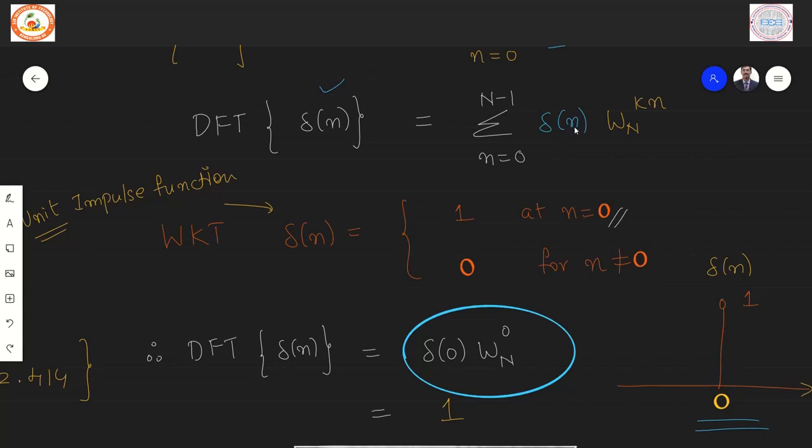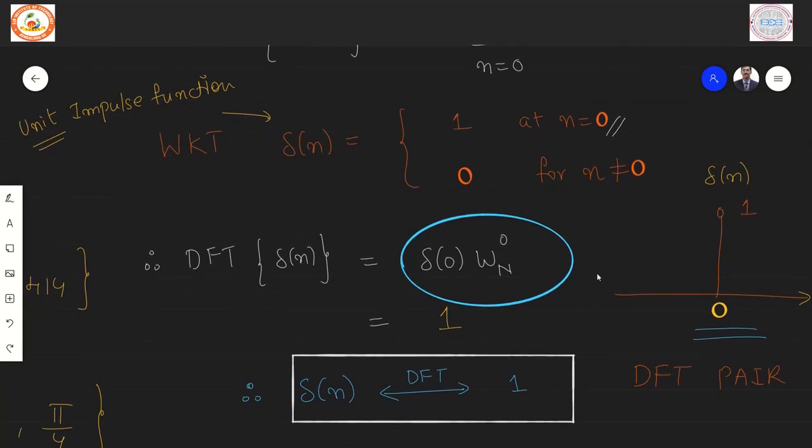So therefore, the replacement for delta of n is only for n is equal to 0. Therefore, we write it as delta of 0 into W_N to the power of 0. W_N to the power of 0 we know is 1 and delta of 0 is also 1 by definition of unit impulse function. Therefore, we have solved the DFT of delta of n is equal to 1.